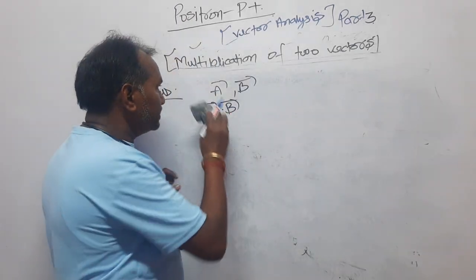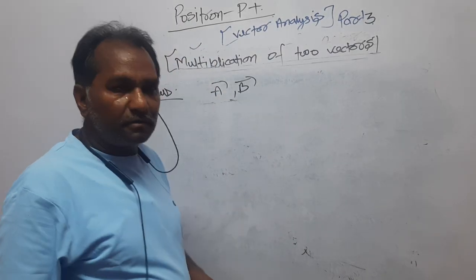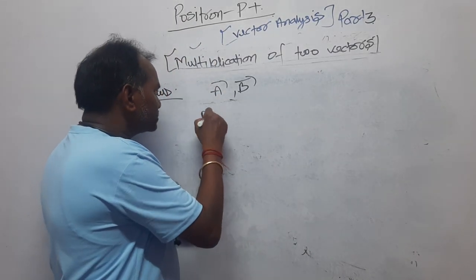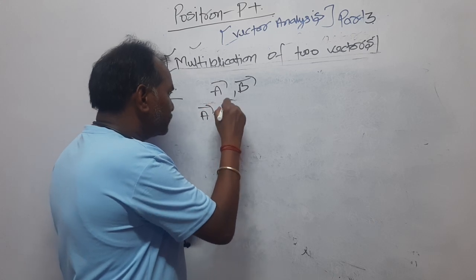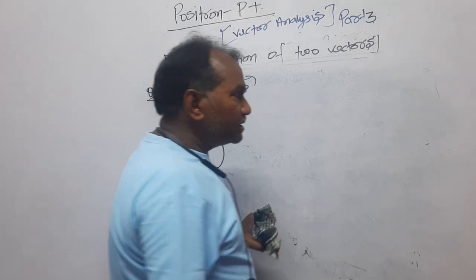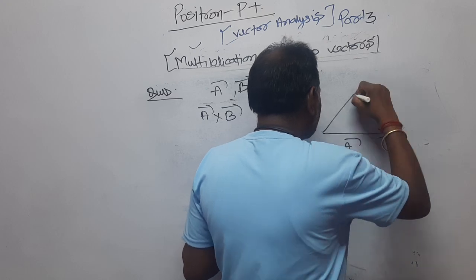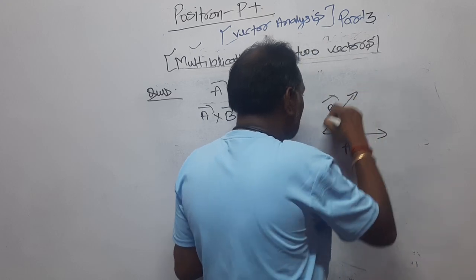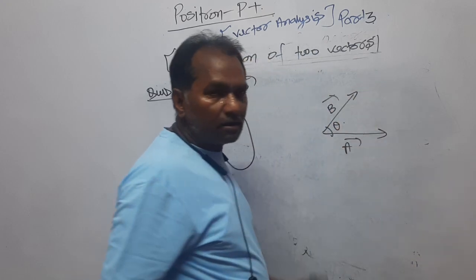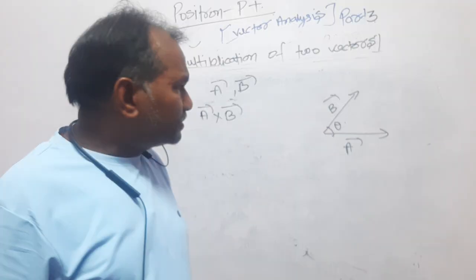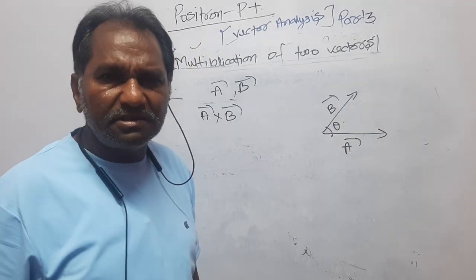But in the case of vector A and vector B, now discuss vector A cross vector B. What does it represent? Let this be vector A and this be vector B, and the angle between them is theta. Then what does vector A cross vector B represent?